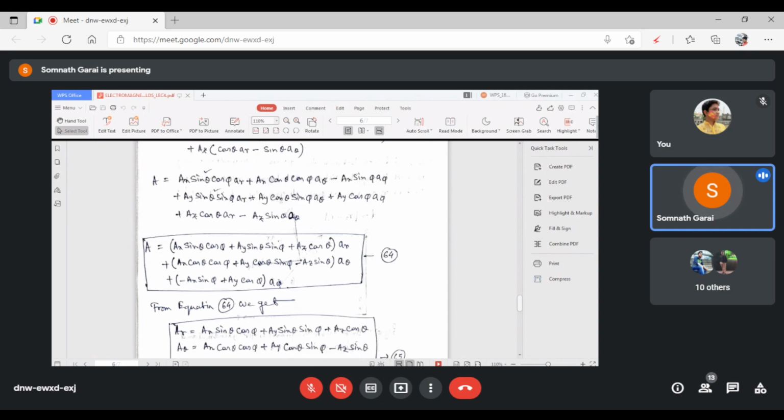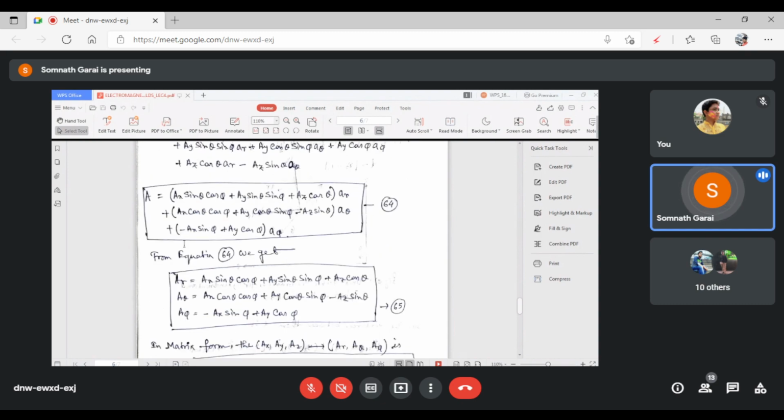Now, if we compare this equation with the standard component equation of the spherical coordinate, that is A is equal to capital AR into small ar plus capital A theta into small a theta plus capital A phi into small a phi, then we determine the spherical magnitude components in respect of xyz or Cartesian coordinates.